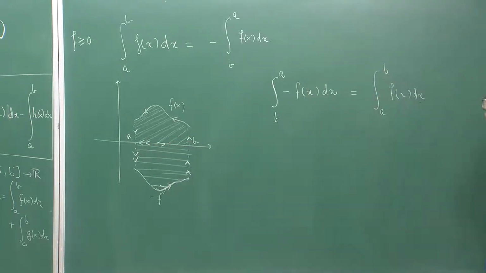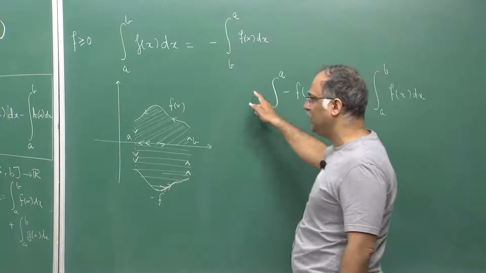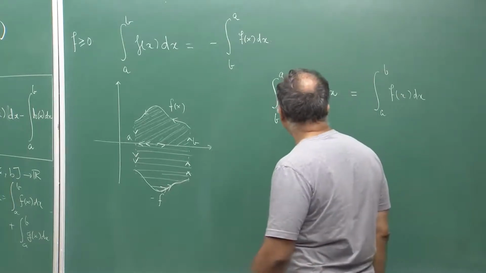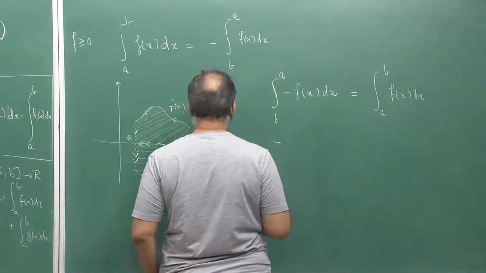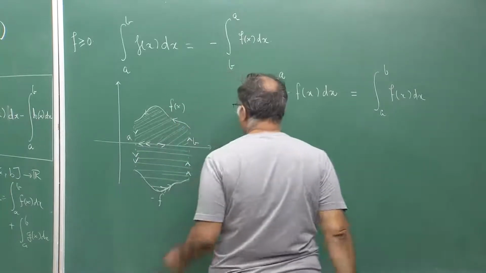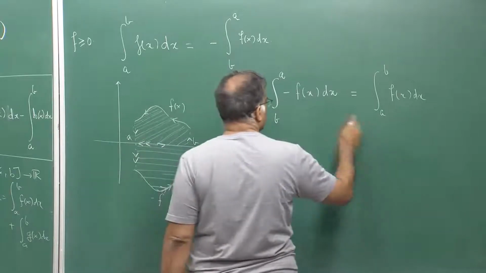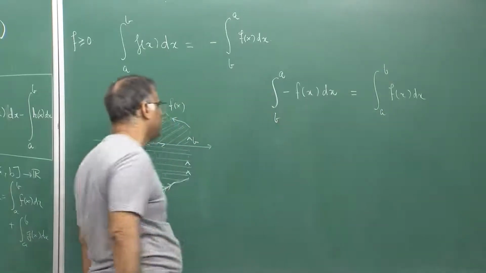So, what does it mean by the formula that I can take it out? So essentially it simply means that now these two areas are same.